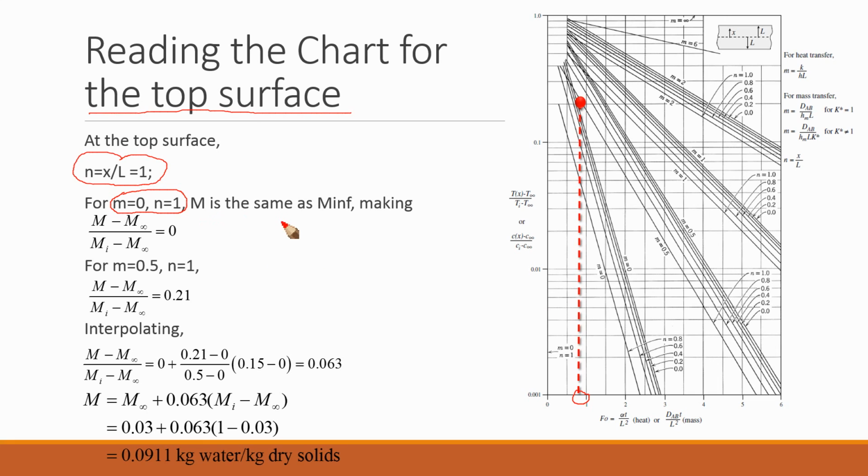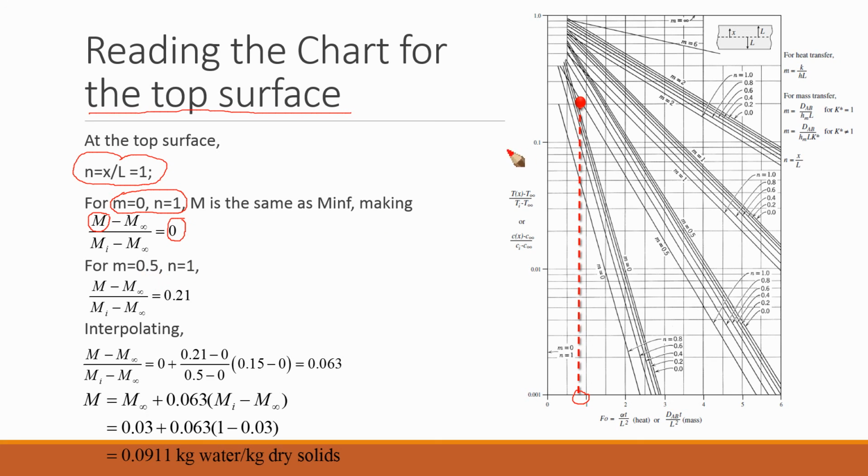But we do know that if m is 0, which really means h goes to infinity, then the surface moisture would be at m infinity, which means the y-axis is going to be 0.